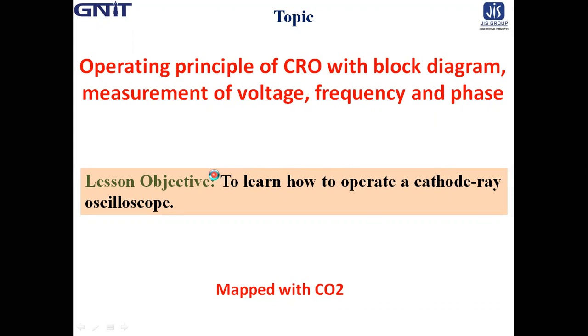The lesson objective of this topic is to learn how to operate a cathode ray oscilloscope, and this topic is mapped with CO number 2. So let us start lecture number 1 from the 6th module, cathode ray oscilloscope.